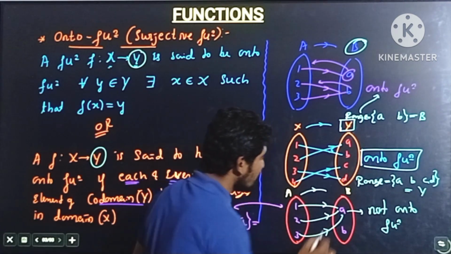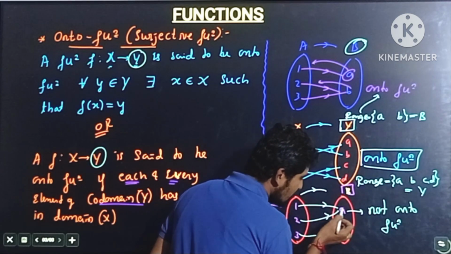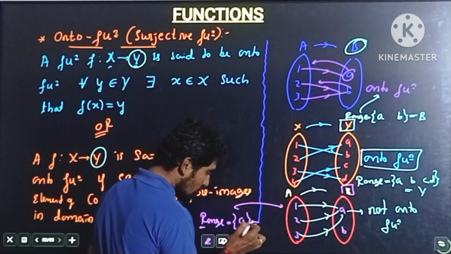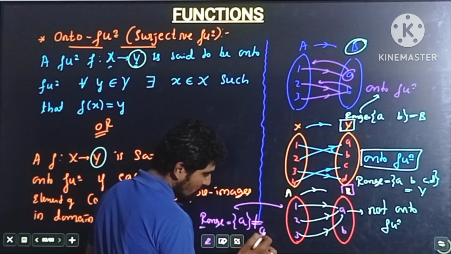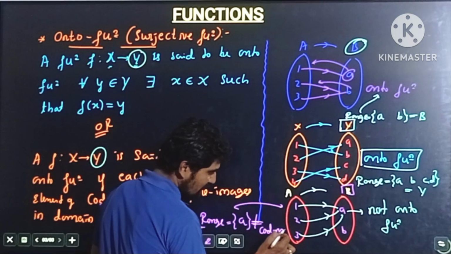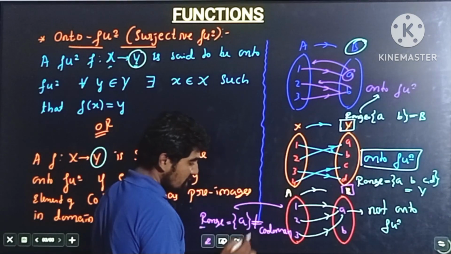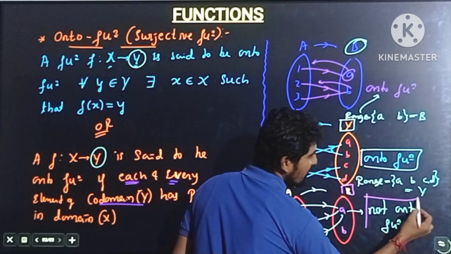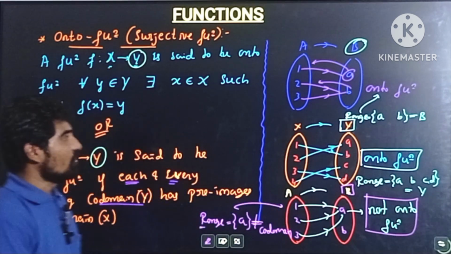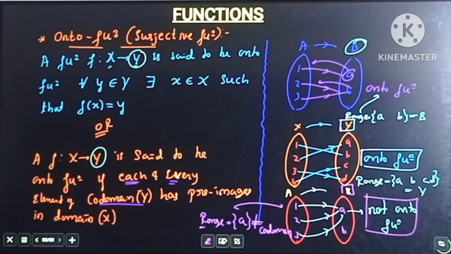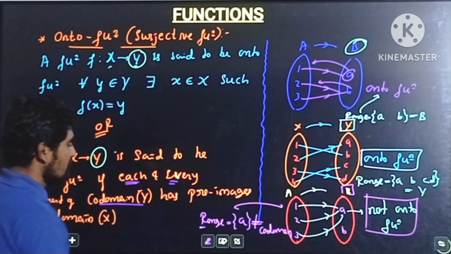The codomain of the function is B, a set consisting of two elements a and b. So this range is not equal to the codomain. So that's why this function is not an onto function. I hope all of you understood the definition of onto function. Onto function is also known as a surjective function.